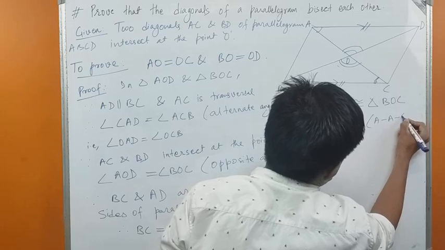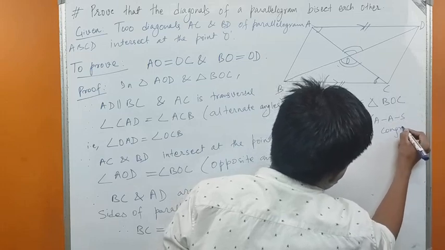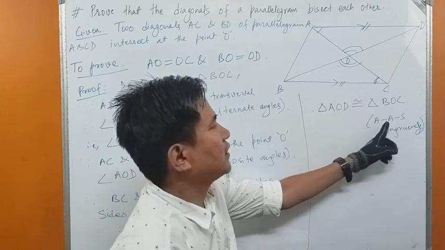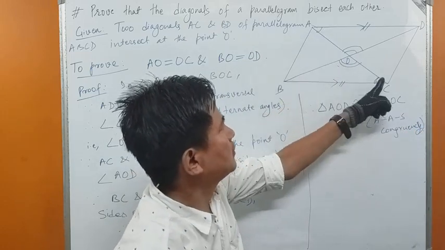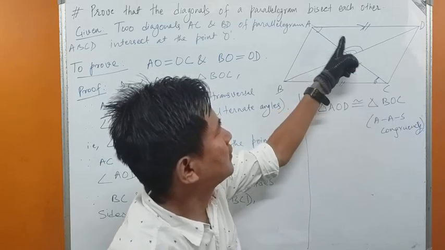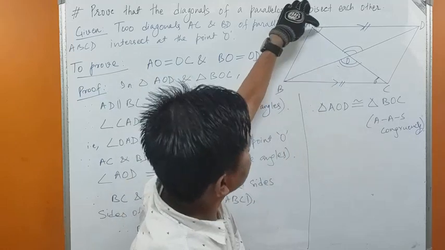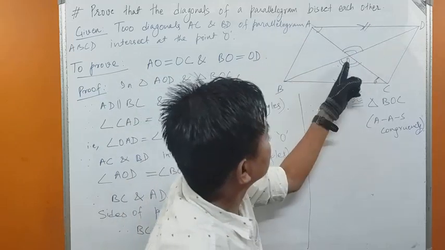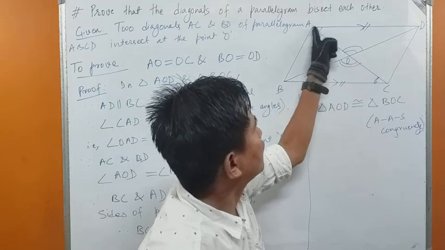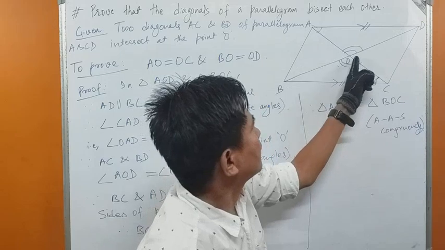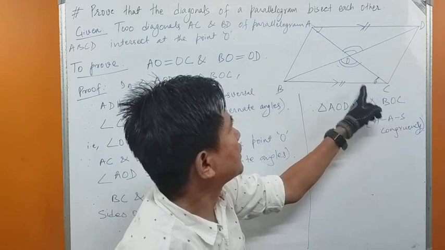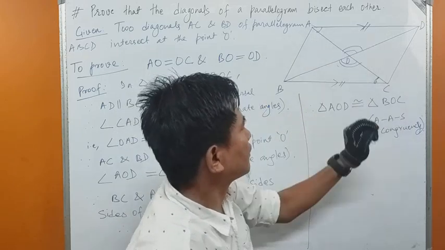Criteria for congruency is angle-angle-side. Two angles are equal and one side is equal. BC equals AD. This side and this side are equal.